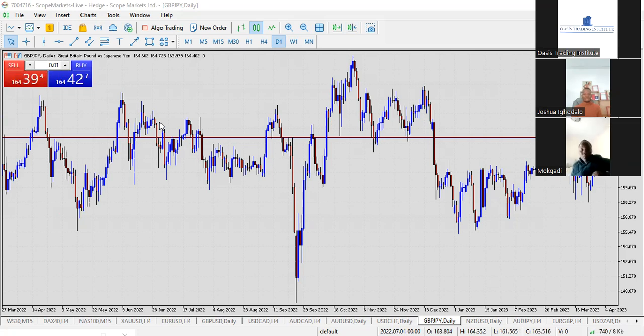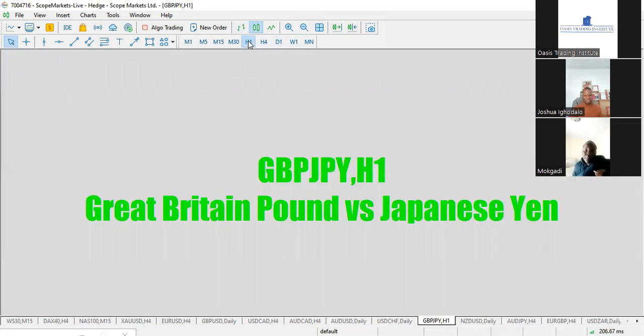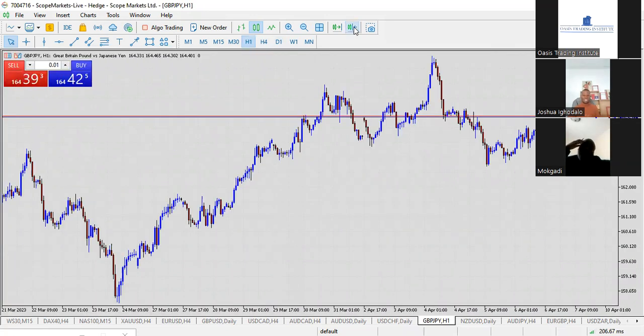Before I move on to support and resistance, let me show you another market so you also understand better. I'm going to use the same GBP JPY, but let me check for a different market under the same currency pair.